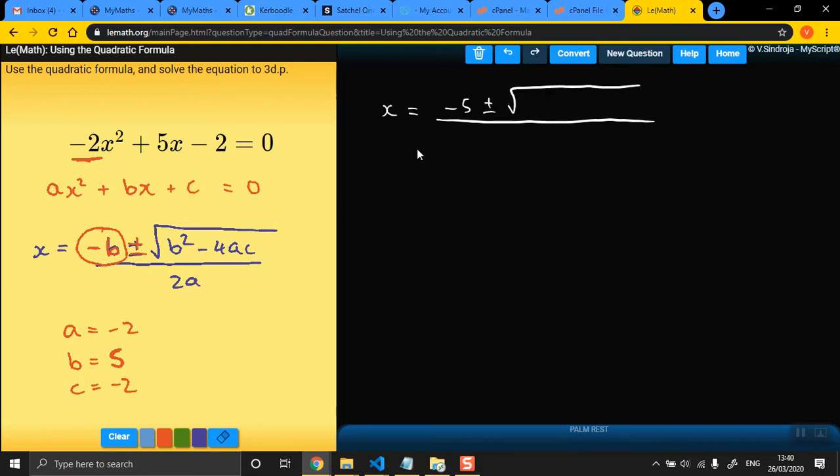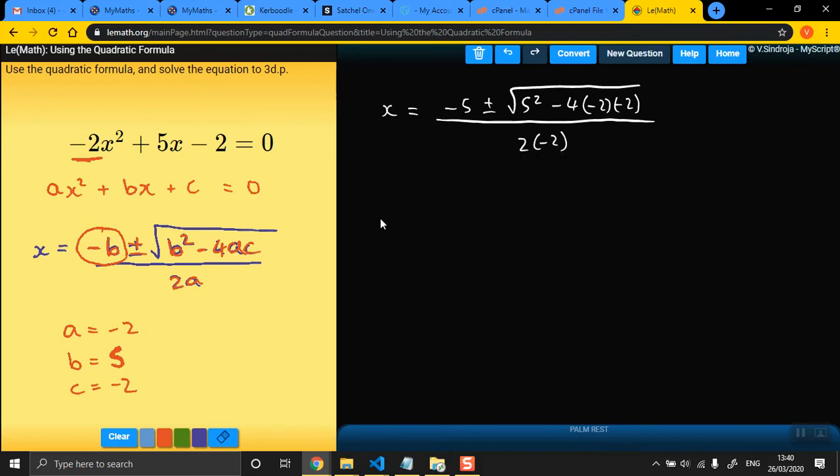Inside the square root, it says b squared, so that's 5 squared, take away 4 times a. Our a is minus 2, so I'm going to put it in a bracket, 4 times minus 2, and then times c, which is minus 2 again. Then the whole thing is divided by 2 times a, so 2 times minus 2.